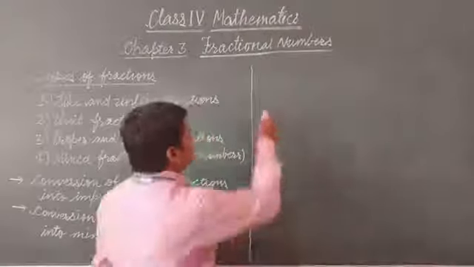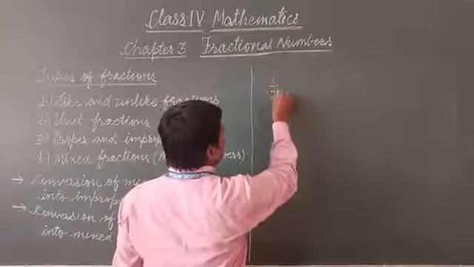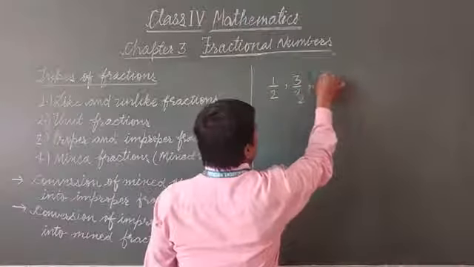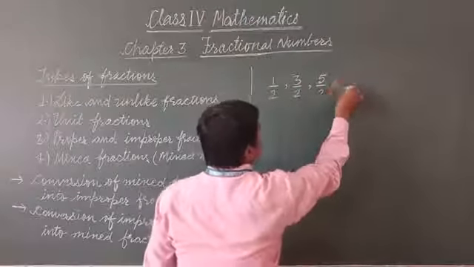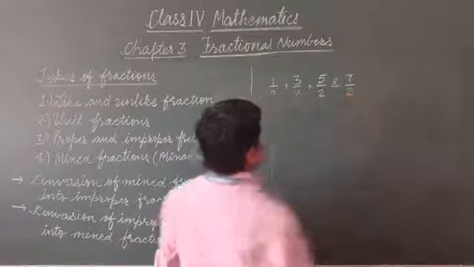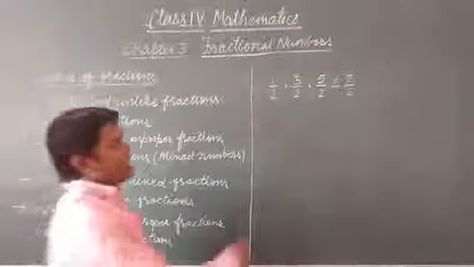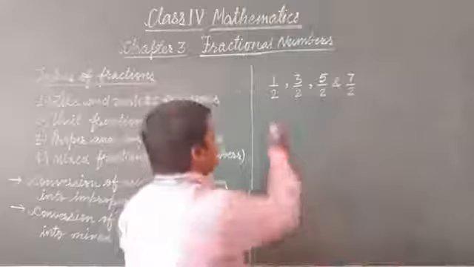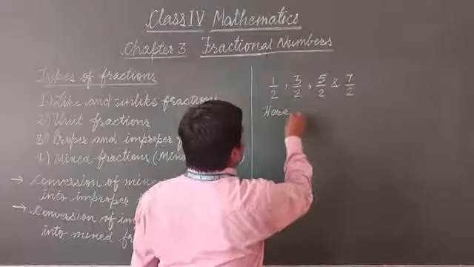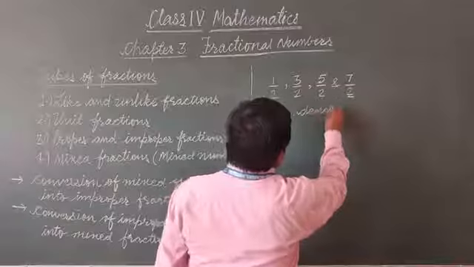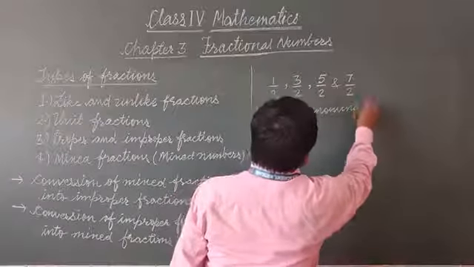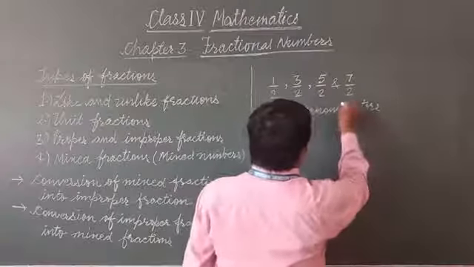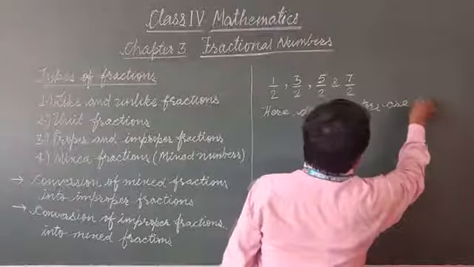Look here, if we have the fractions 1/2, 3/2, 5/2 and 7/2, you are observing that in all these fractions the denominators are the same. Here you can write: denominators are same.